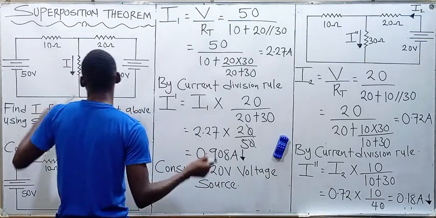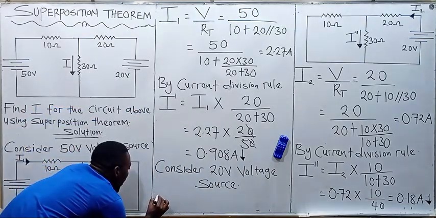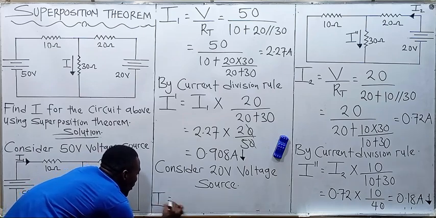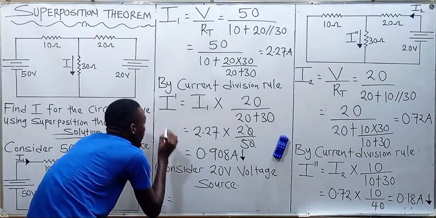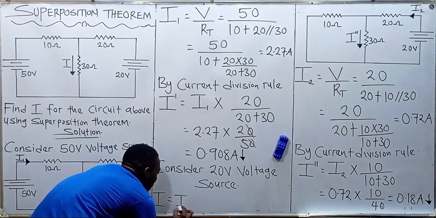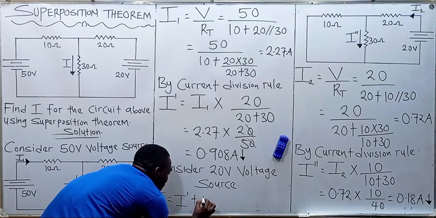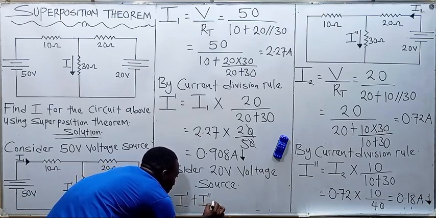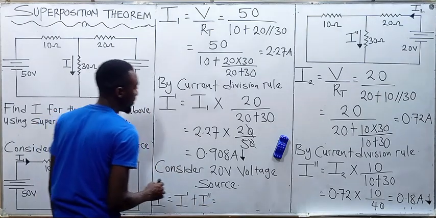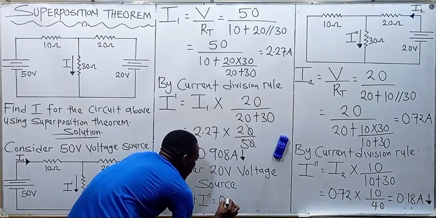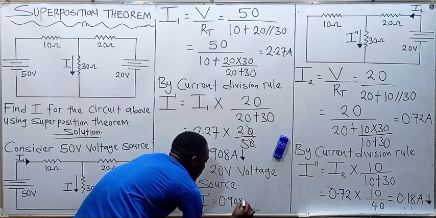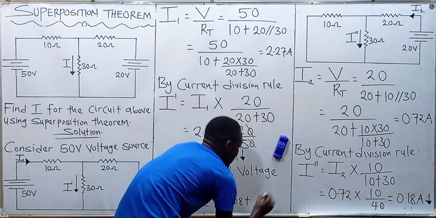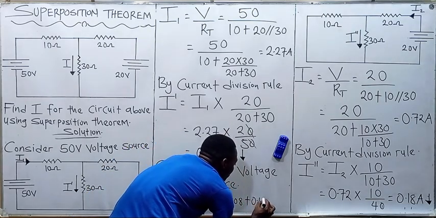So it shows that I will be equals to I1 prime plus I double prime. So which will be equals to I1 prime is 0.908 plus 0.18.